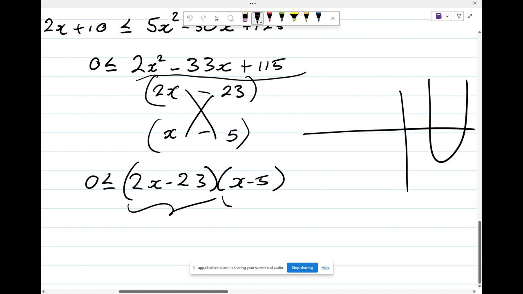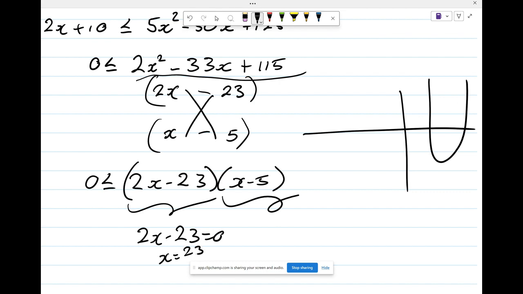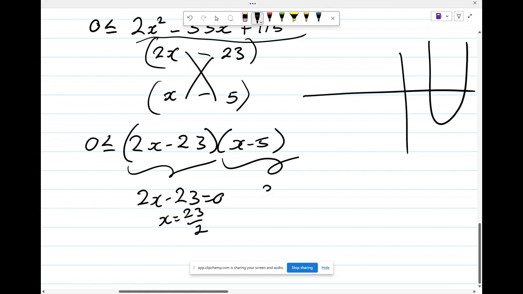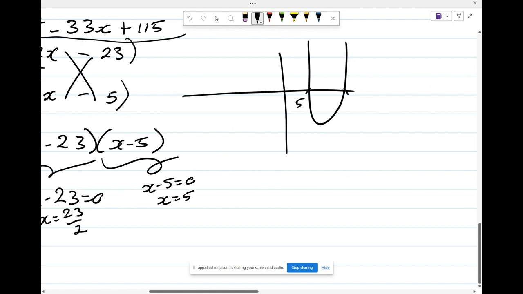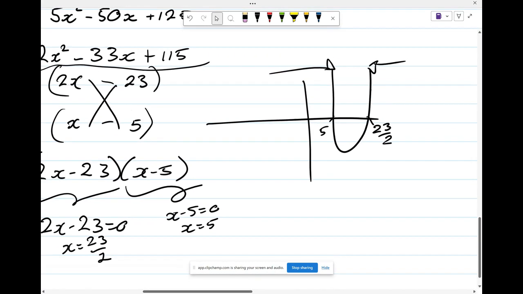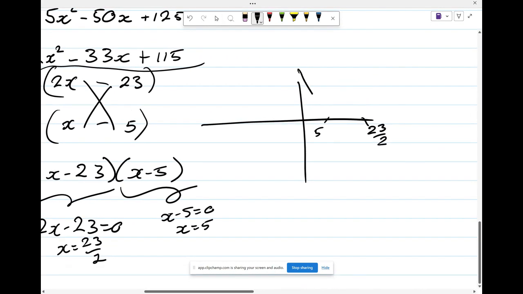Well, if we let each of the factors equal 0, so 2x minus 23 is equal to 0, it's going to be x equals 23 over 2, and x minus 5 equals 0, so x is equal to 5. Perfect. So this is 5, and this is 23 over 2. Our quadratic is stretching off this way and this way. If I make this a little squatter, so it's going this way to infinity and this way, so it's getting infinitely wide.